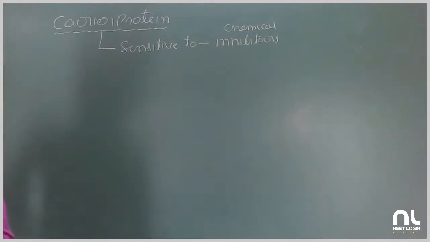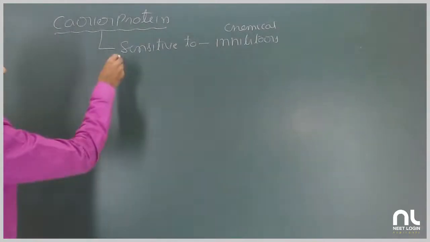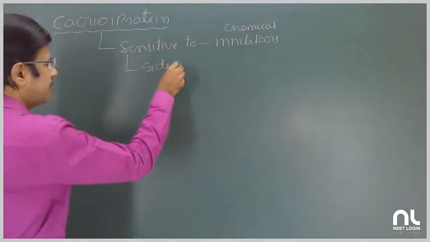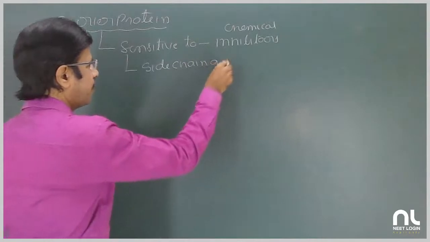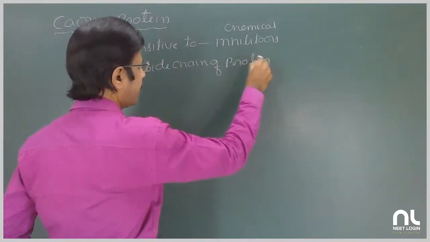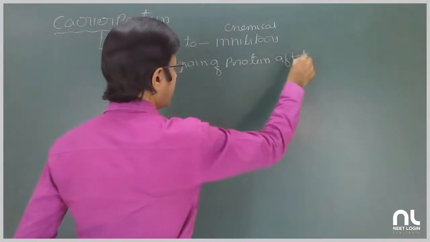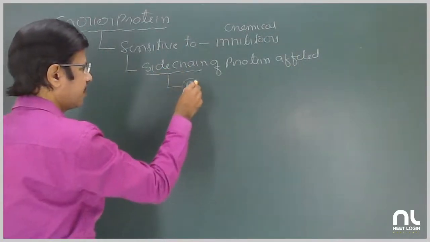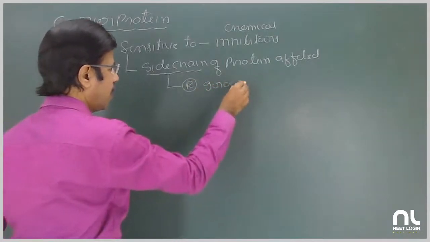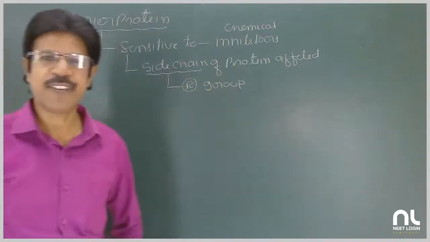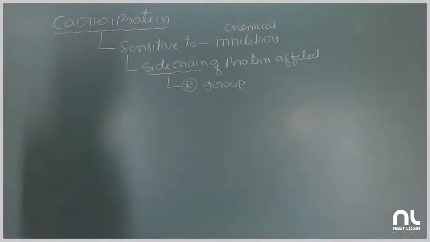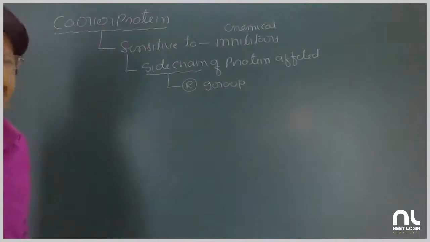So the carrier protein is sensitive to chemical inhibitors because the side chain of the protein is affected. The side chain is nothing but the R group, which is going to be affected. So the facilitated carrier protein is sensitive to chemical inhibitors.